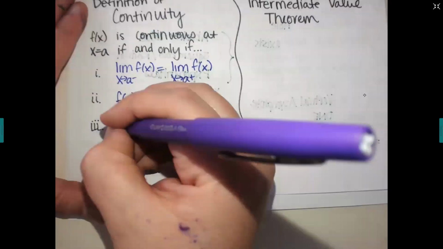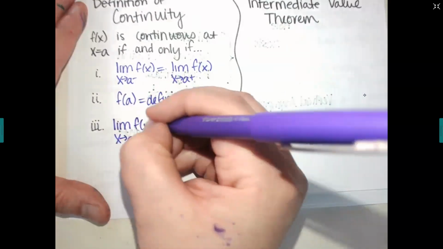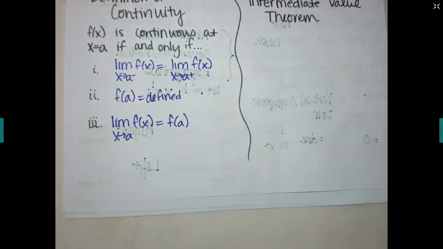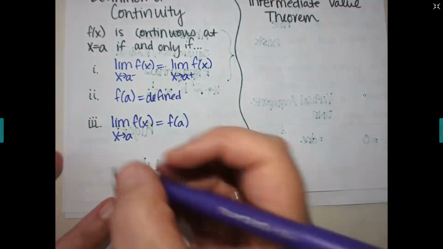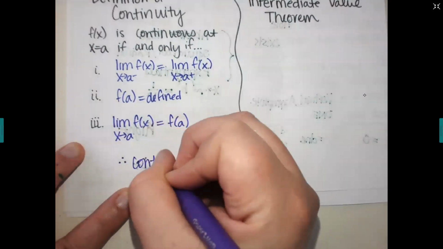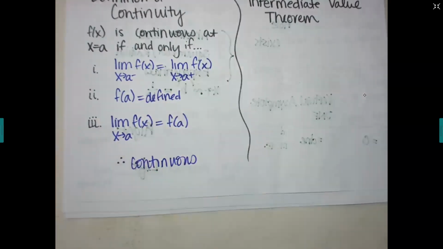So my limit as x approaches a needs to equal my f of a. So my limit and my y value have to be the same. If all 3 of those conditions are met, then you'll put therefore it is continuous. That being said, let's do an example.